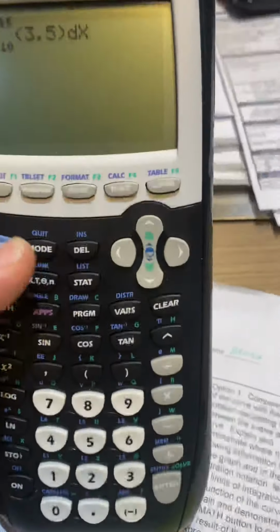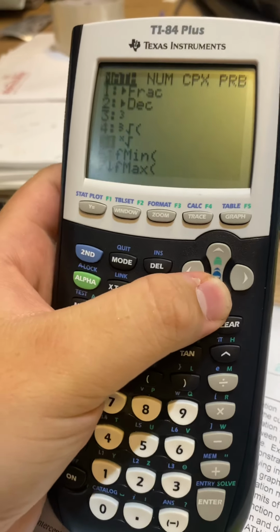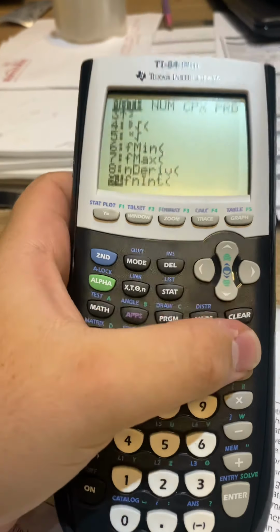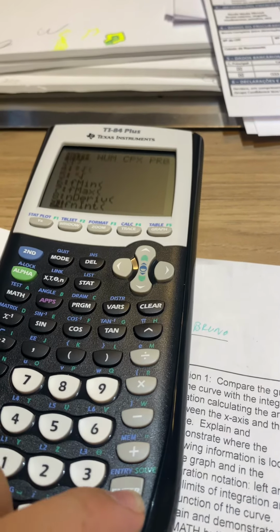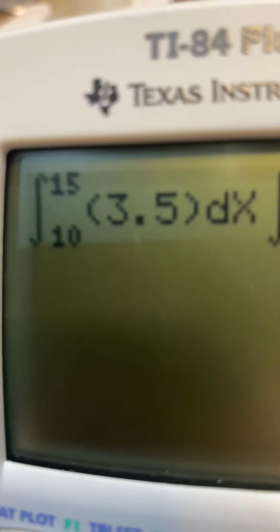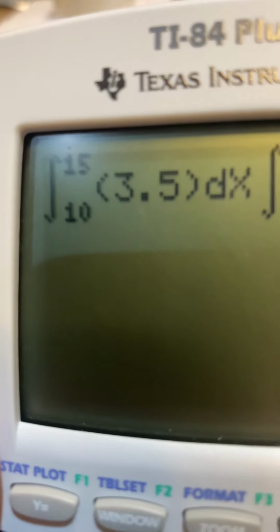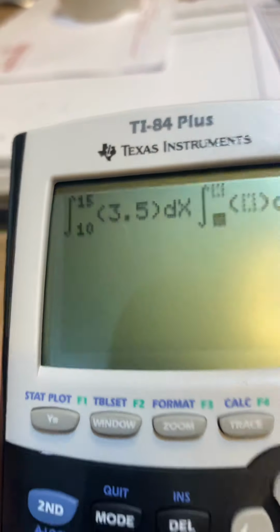And by the calculator, we should go to math. We should go to number 9 of math. We should go over here, and we should be looking at something like this over here, where we plug in 15 and 10, and click enter.